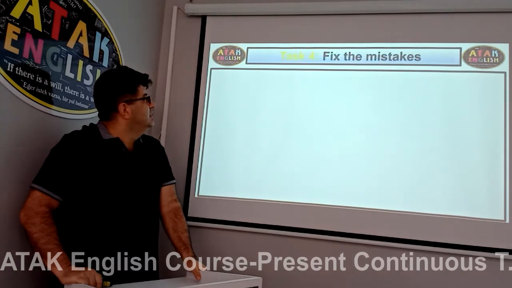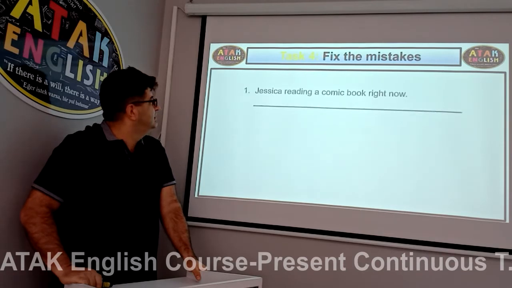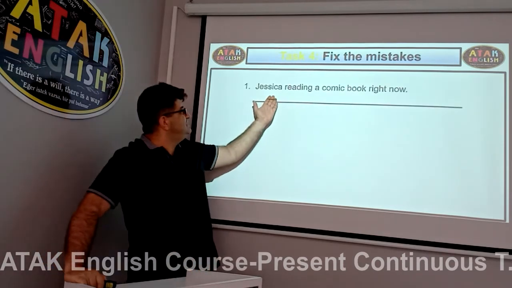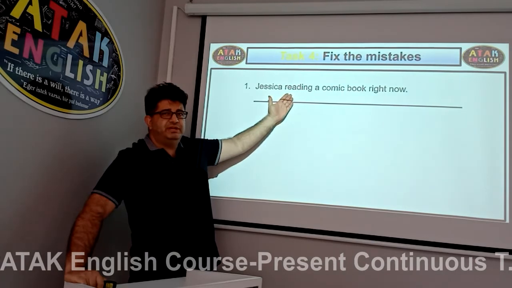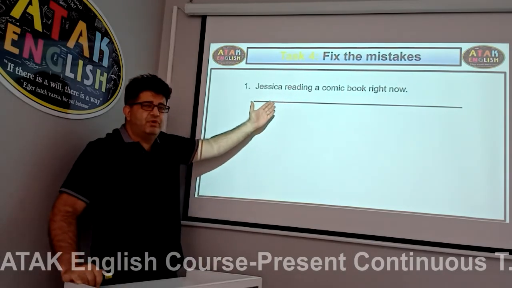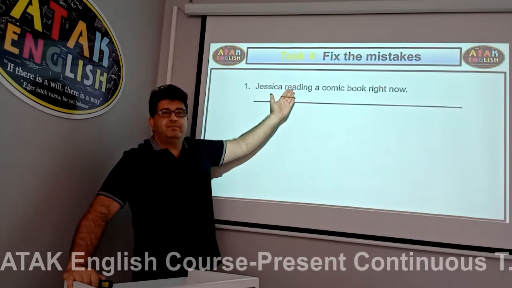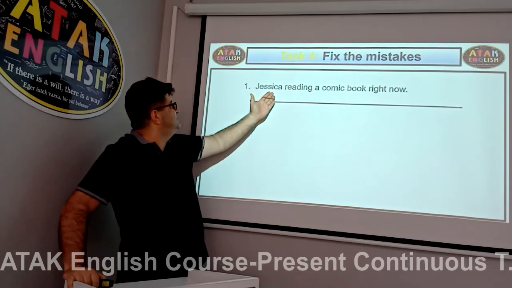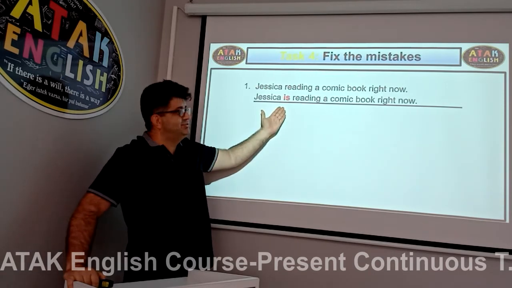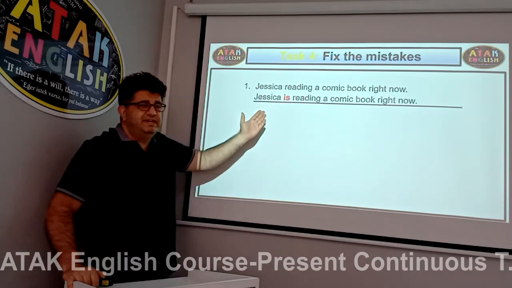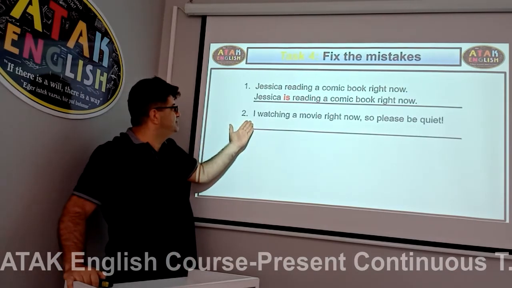Task 4. We'll fix the mistakes right now. Okay. Jessica reading. Okay, there's something wrong here. What is our format in present continuous form? To be plus verb-ing. Where's to be? I can't see to be here. Jessica is reading a comic book right now. Okay. Again, the same problem.